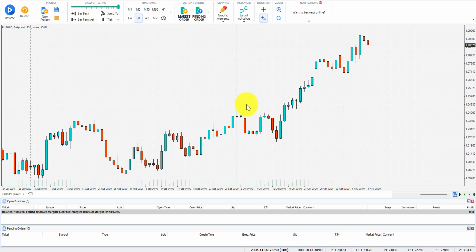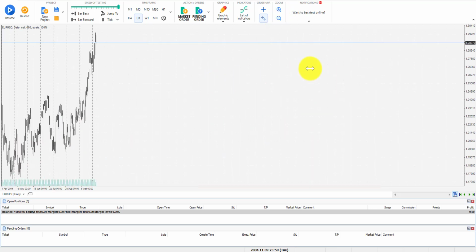I don't really care which one we're talking about here, but let's say that I want to go long here. I want to go long because the market's making new highs, and actually, I have no idea what's going to happen. But let's say I want to go long here. We just started; I just opened up this project.